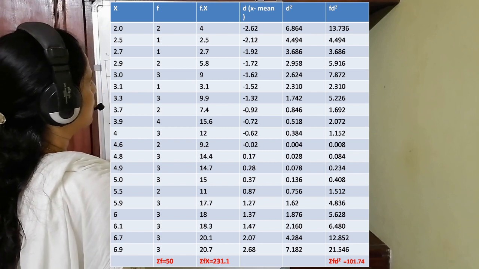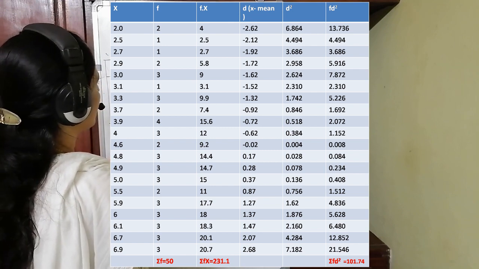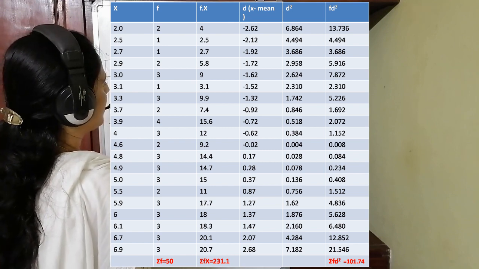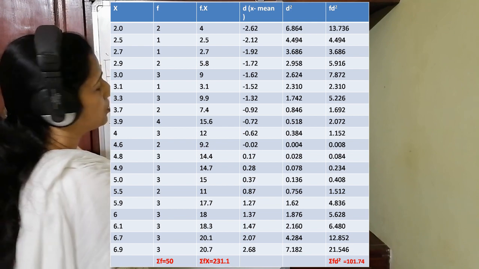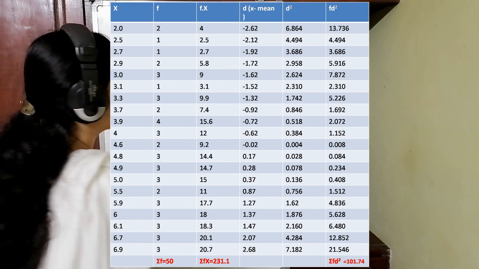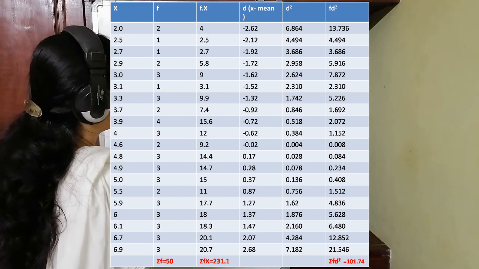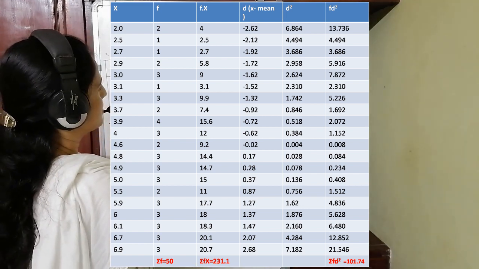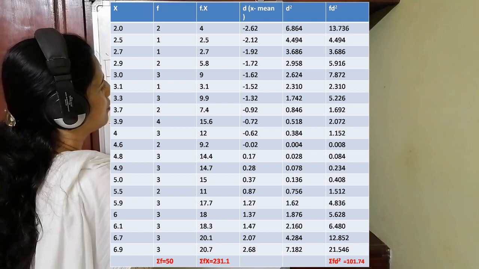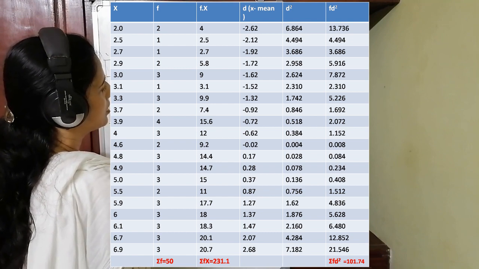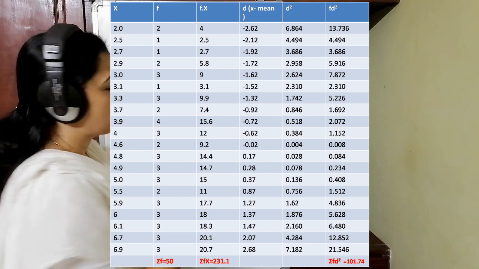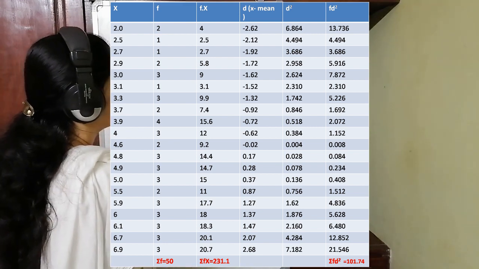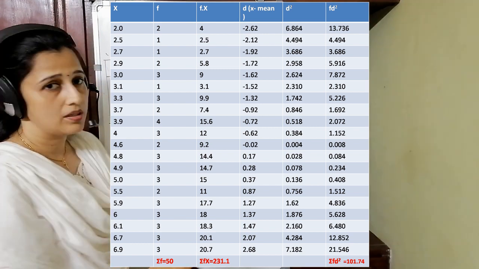Here d is equal to x minus x bar: 2.5 minus 4.62 is equal to negative 2.12. Here 2.7 minus 4.62 is equal to negative 1.192. You have to complete the table.